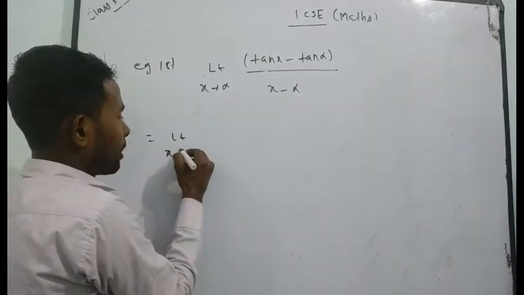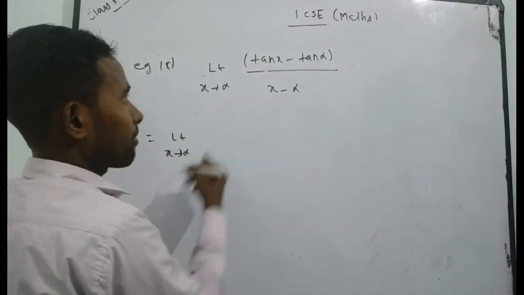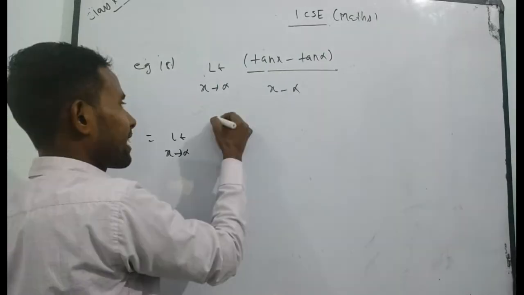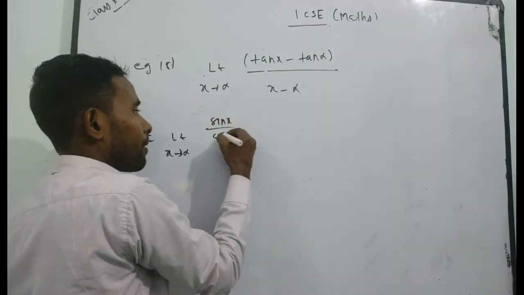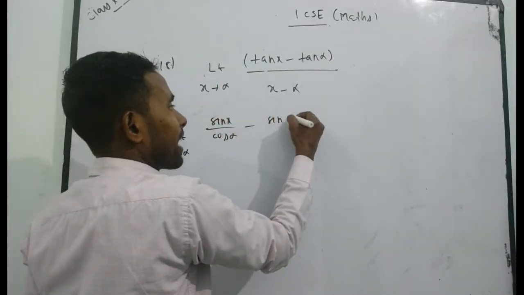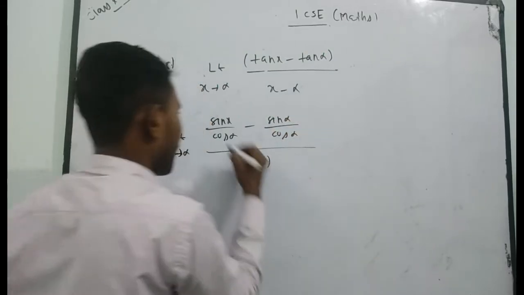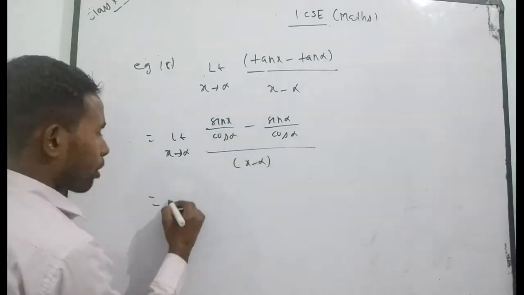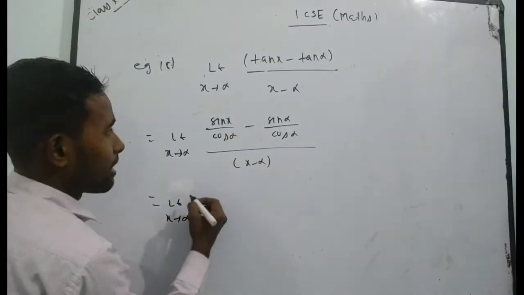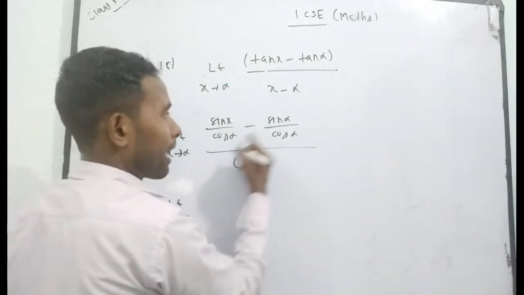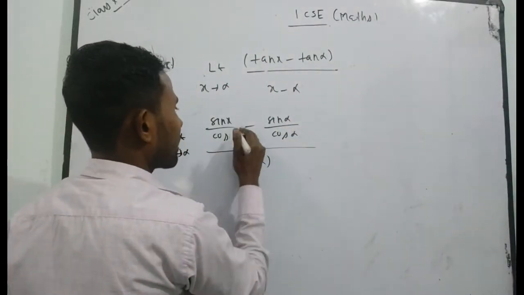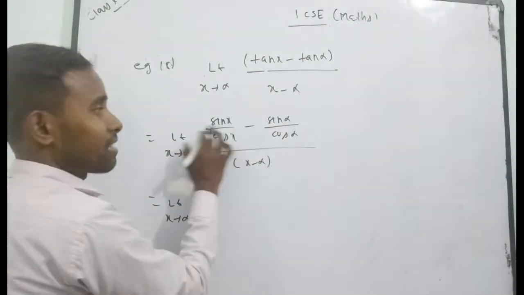As you know that there is given limit x tends to alpha. Can you write tan x as sin x by cos x, and tan alpha as sin alpha by cos alpha? Can you write? And in the denominator you get x minus alpha. Now, after taking LCM or manipulating, you get sin x into cos alpha minus cos x into sin alpha.